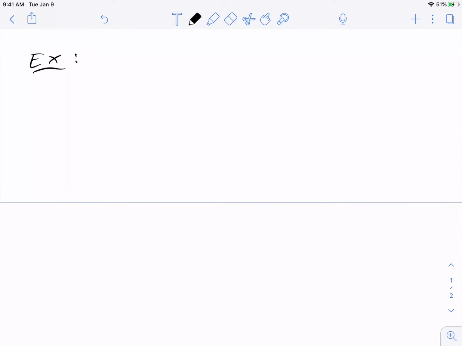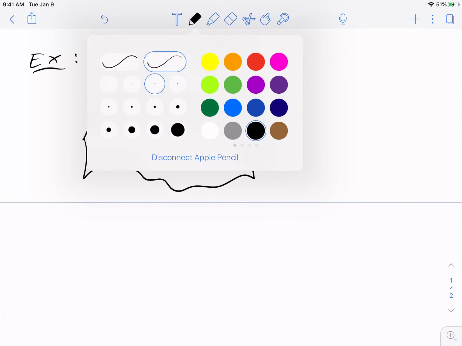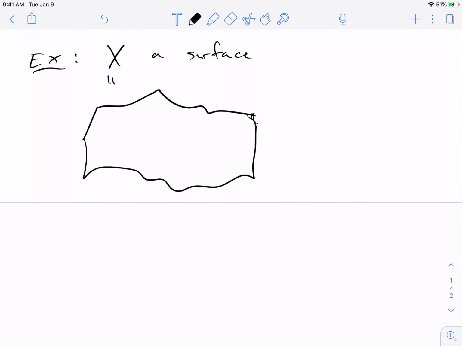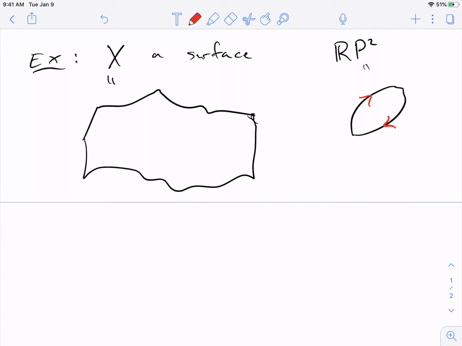Okay. And so for instance, as an example, let's say I have a surface, I'll call it X, and I'm going to describe it as some big polygon. I'll just draw that. That means some polygon with hundreds of edges and edge identifications, which I'm not going to specify. And we know that RP2 can be represented as a lune, so just two edges glued together with a twist.